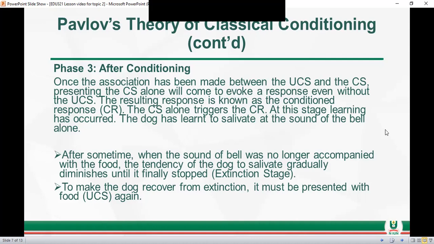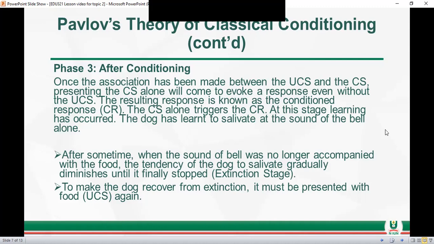So as time went on, the tendency of the dog to salivate gradually diminished until it finally stopped. And at this stage, Pavlov called it the extinction stage. That is the extinction stage. He also pointed out that to make the dog recover from extinction, it must be presented with the food again.